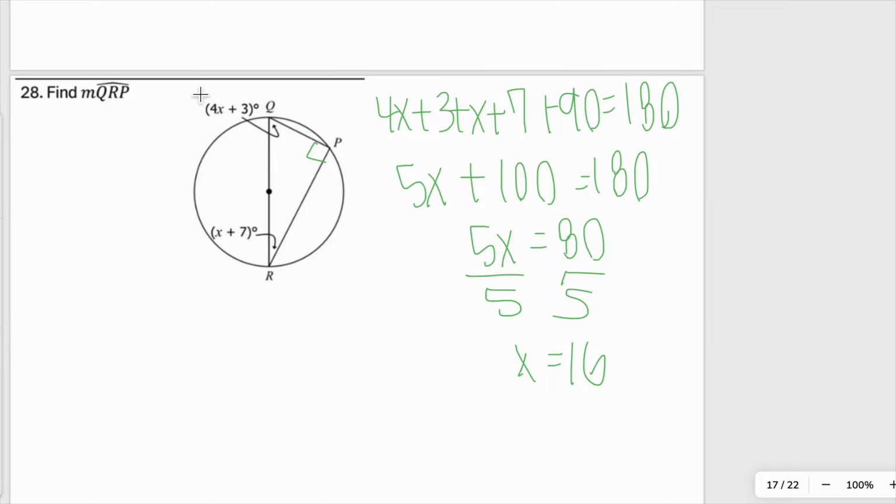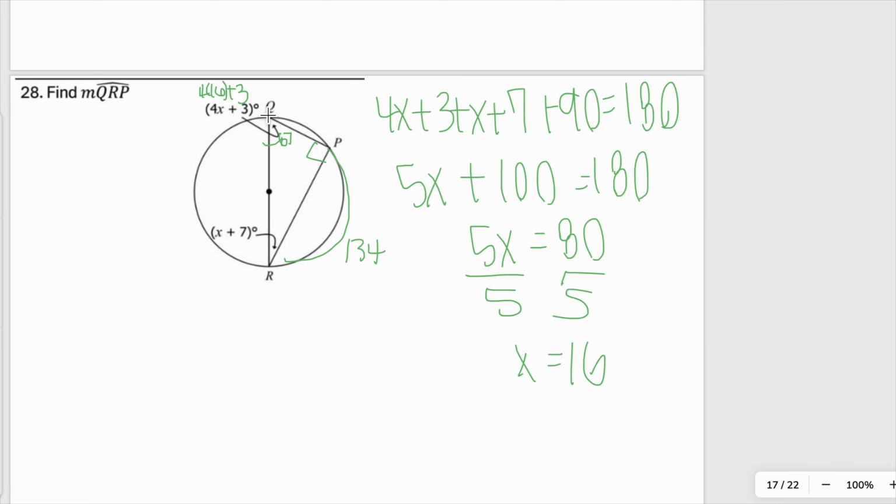So x is equal to 16, so 4 times 16 plus 3. 4 times 16 is going to be 64 plus 3 is 67. So from P to R, it'll be 67 times 2, so which is 134 degrees.